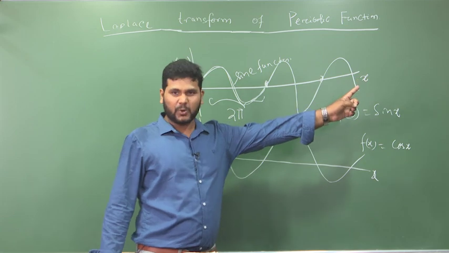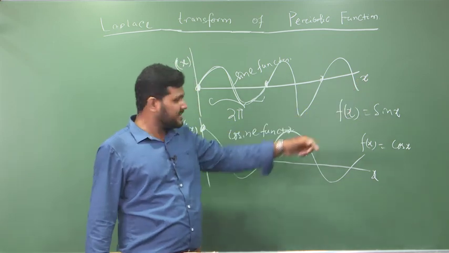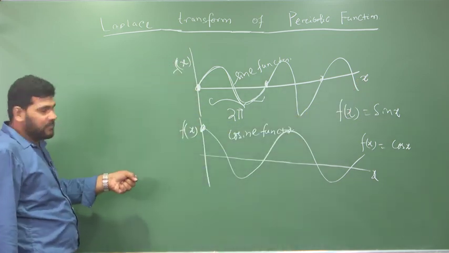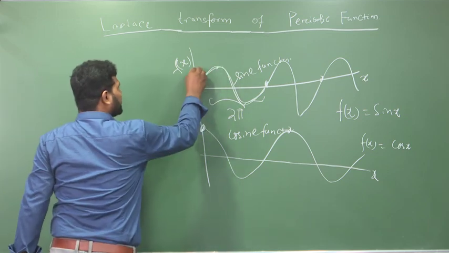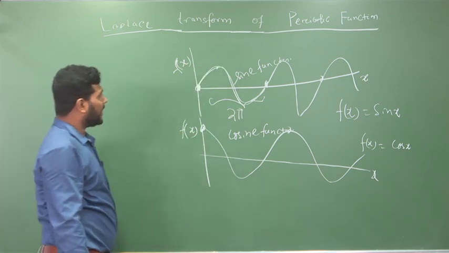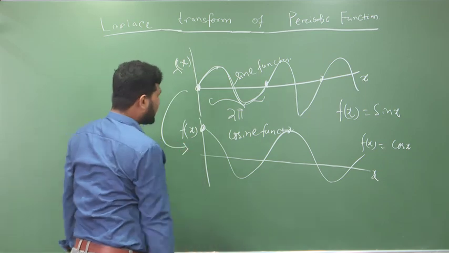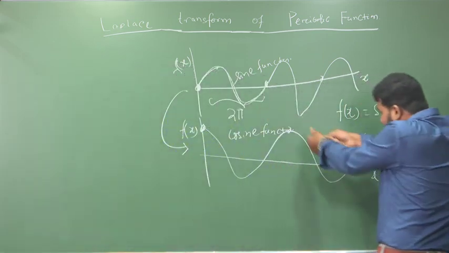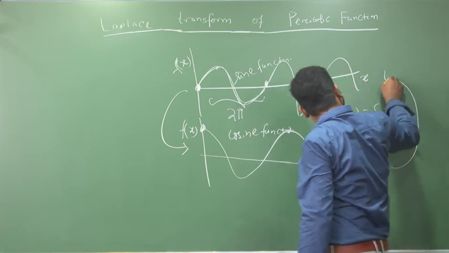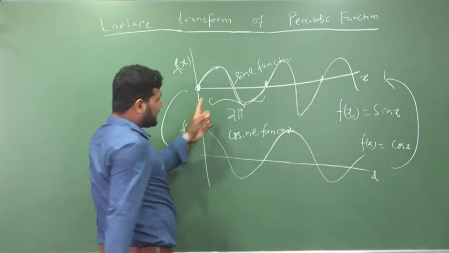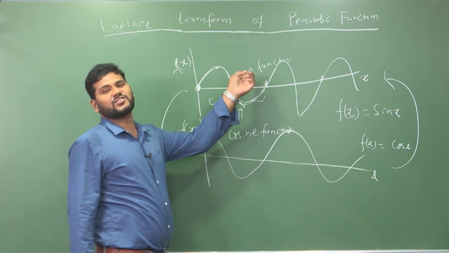In blind language, these are two ropes. If I pull this rope in this way, what will happen? This will come to this position and I will reduce to this. Again, if I pull from this side, this will also come. So we can change from sine to cos, cos to sine.